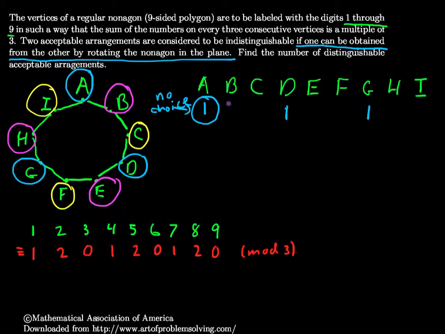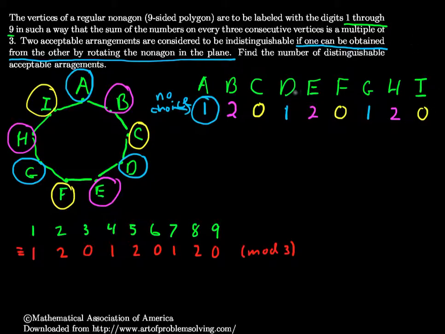I can say, okay, let's let B be 2, which means E and H have to be 2 as well, because if I look at B, C, D, or C, D, E, the B and the E have to act the same in many ways. And that leaves me with 0 for C, F, and I. That's one choice.